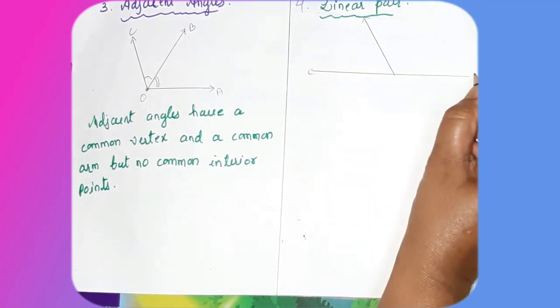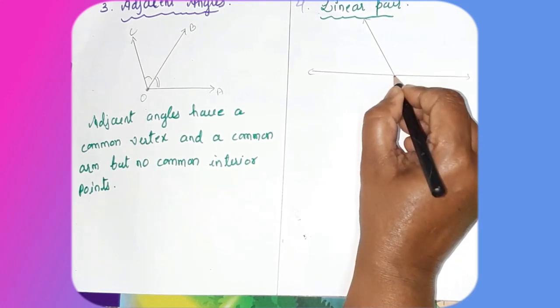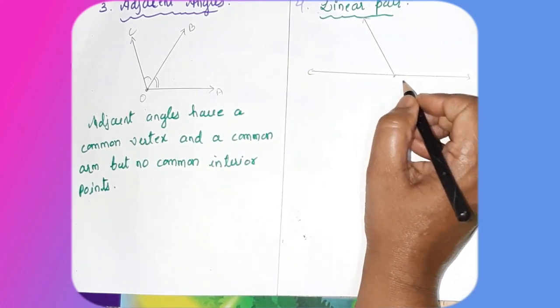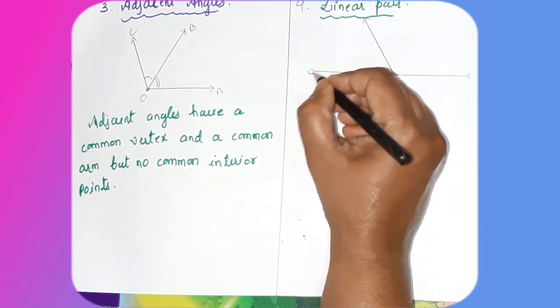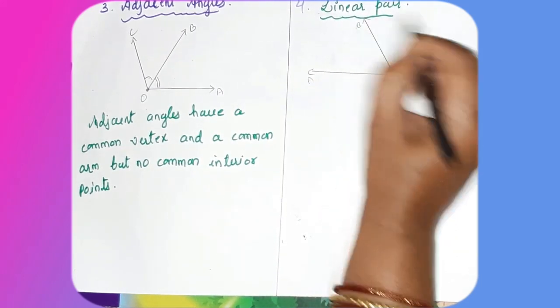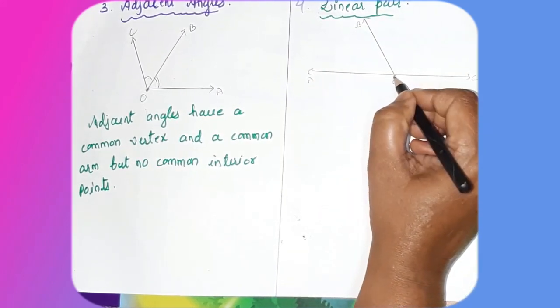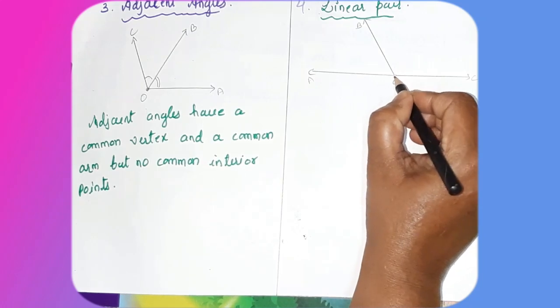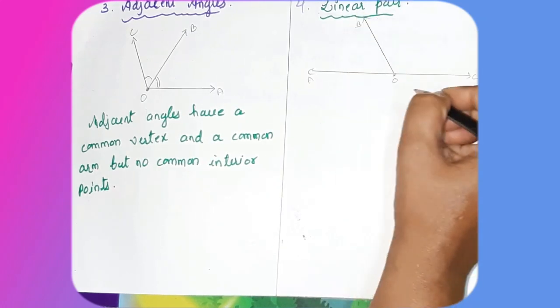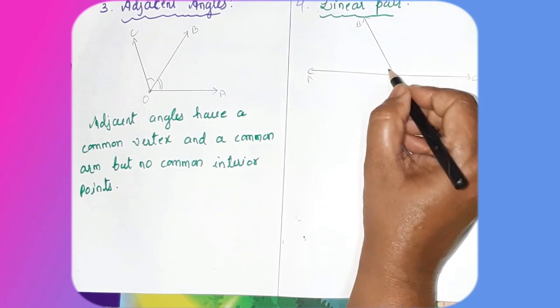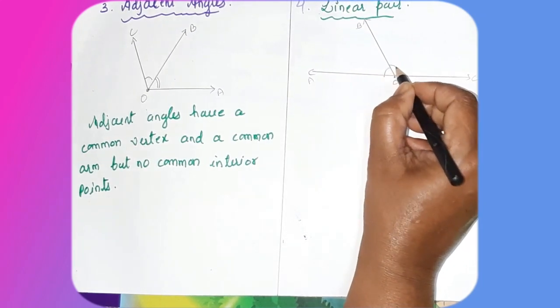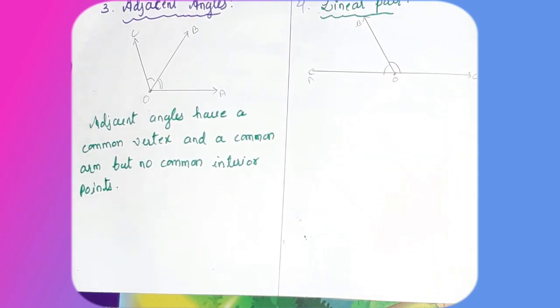This is the common vertex. Suppose this is O, A, B and C. Here O is the common vertex and OB is the common arm for both the angles. Am I right? I hope you are following.